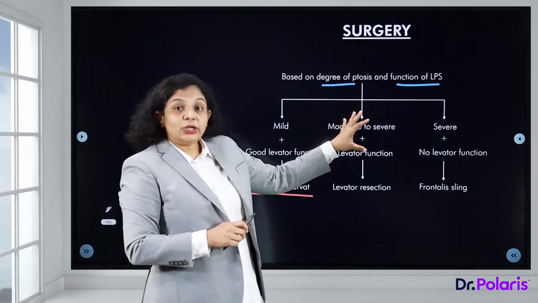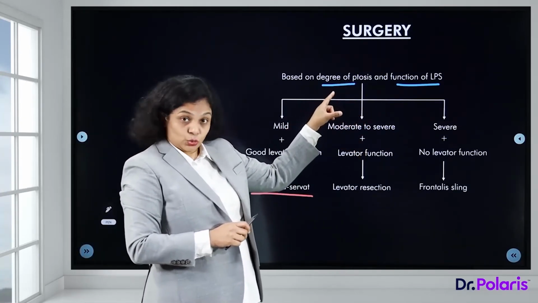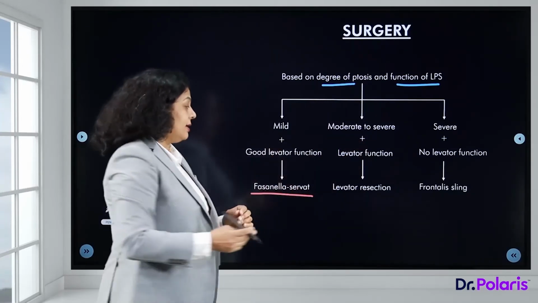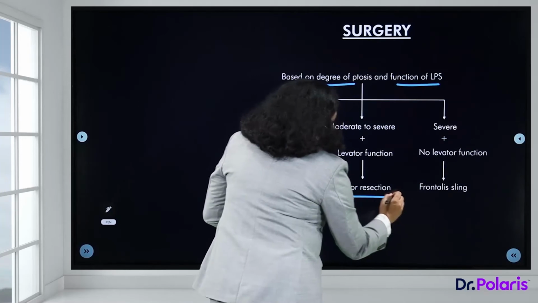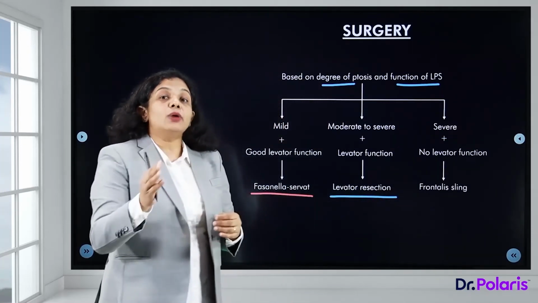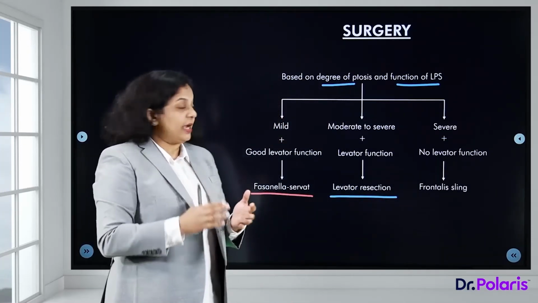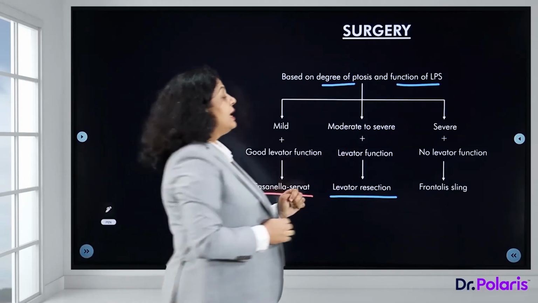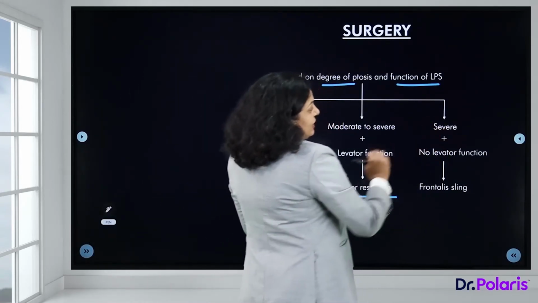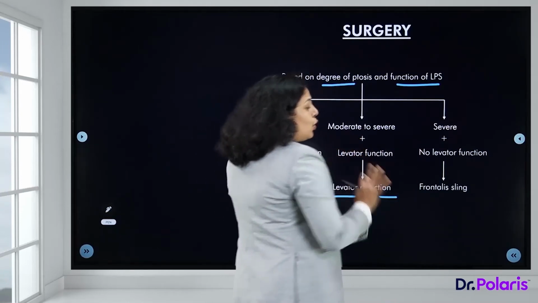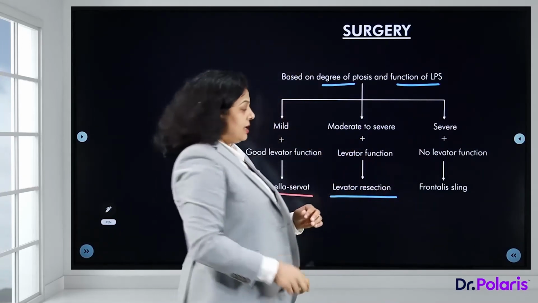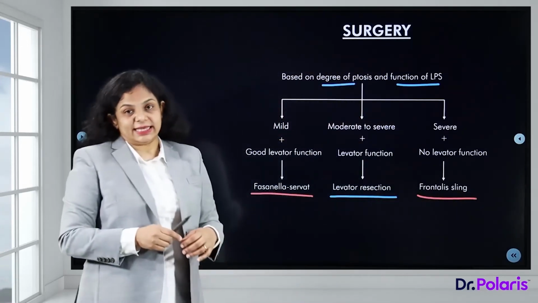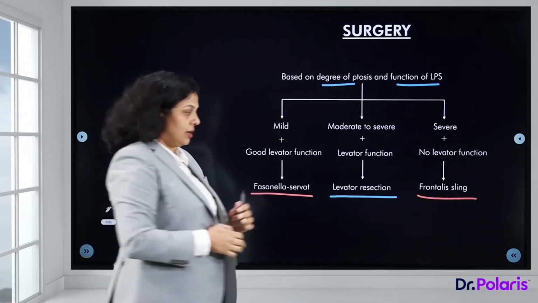If it is a mild to moderate amount of ptosis with some levator function, then we can do a levator resection. The amount of resection will depend on how much levator function is there. If you have a severe ptosis with no levator function, then the treatment of choice becomes frontalis sling surgery.